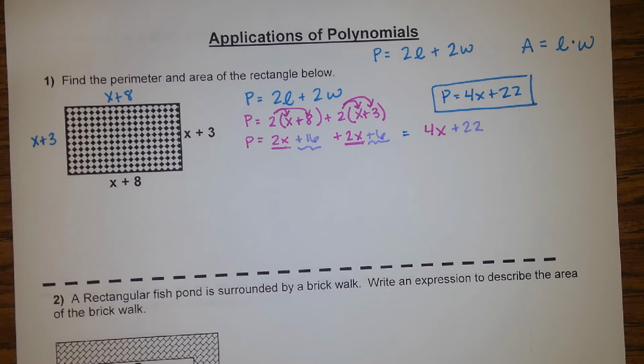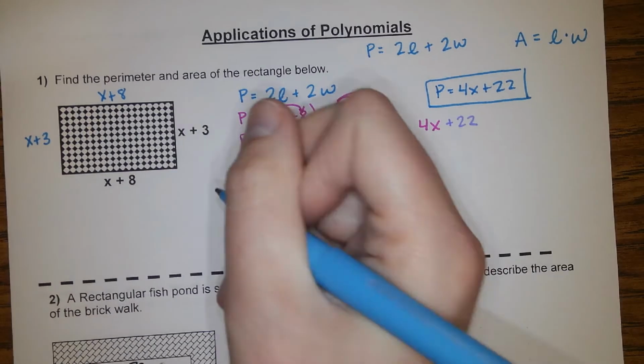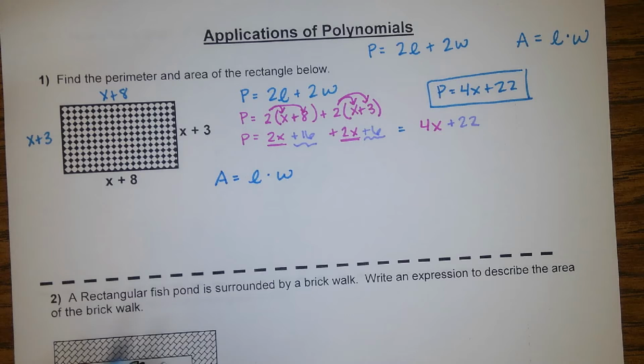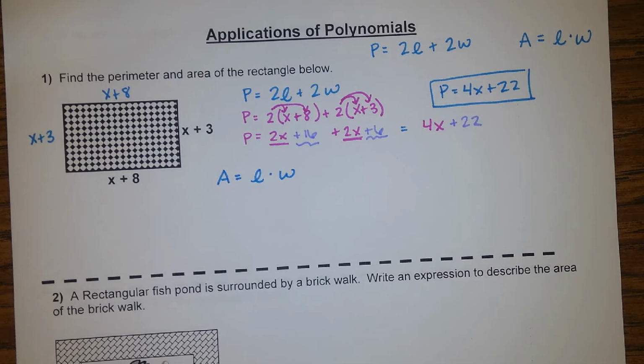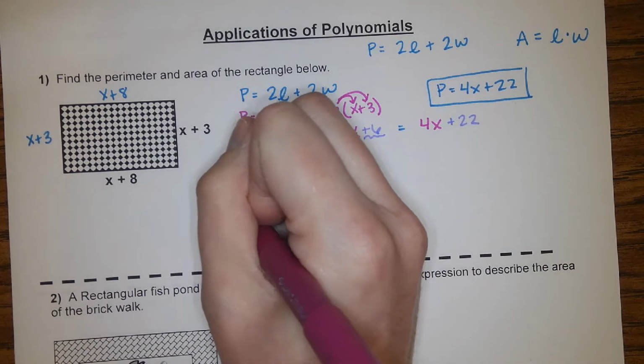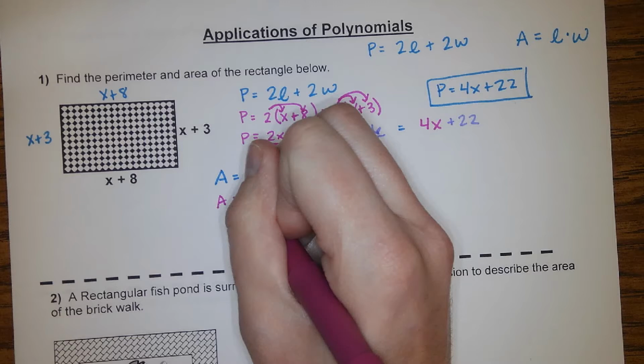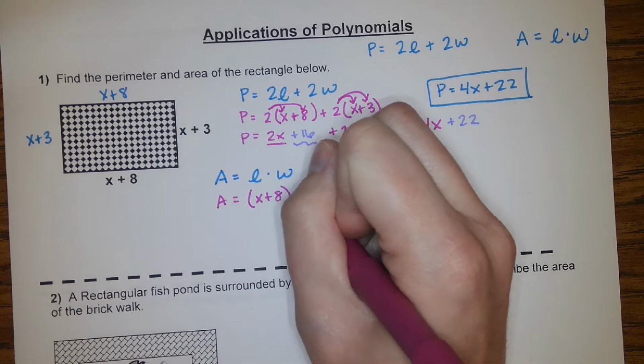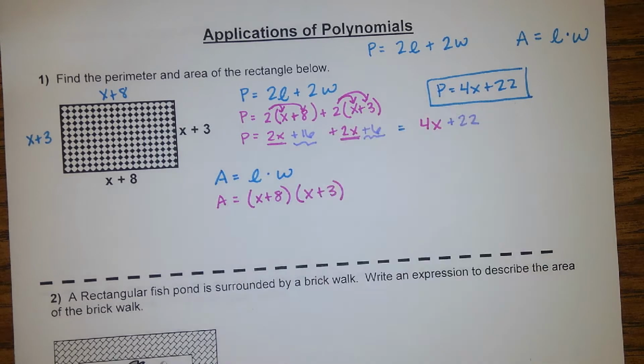Now to do our area is a little bit more fun, so we're going to look at our formula here. We have A is equal to our length times our width. So if we were going to write that in, we would see that A is equal to our length, which is x plus 8, and our width, which is x plus 3.